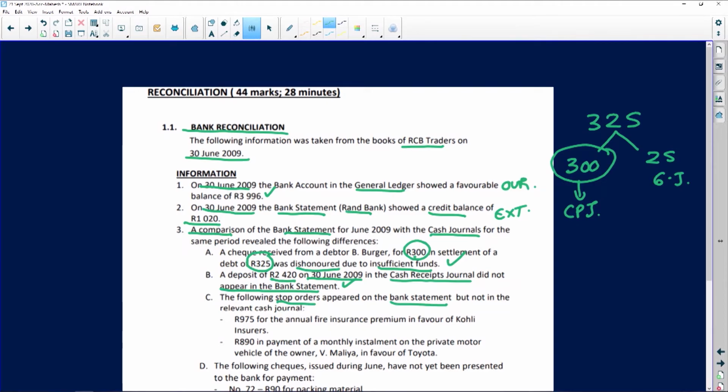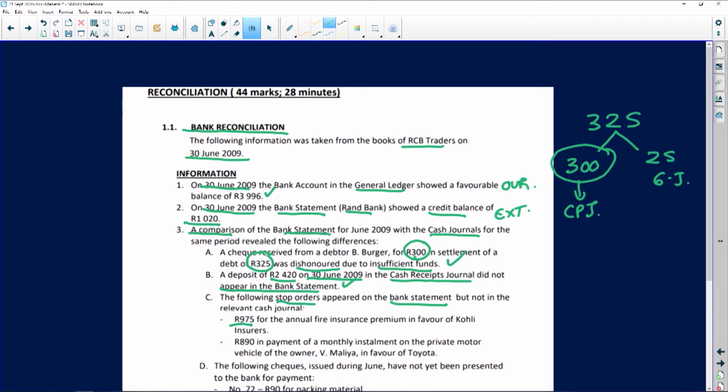It could be to pay for insurance, it could be to pay for a vehicle installment or whatever the case may be. So remember, the bank statement becomes a source document for the accountant in terms of recording this information in your cash journals.